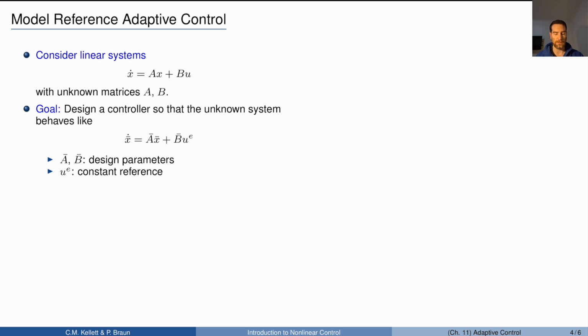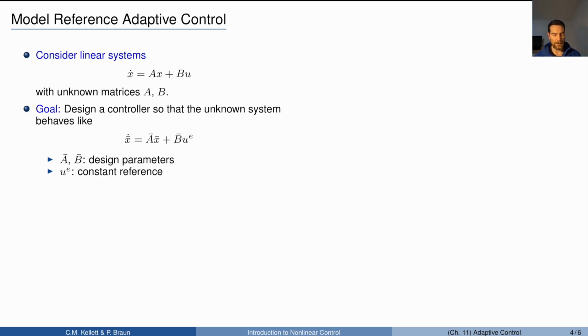One would be on general linear systems, where we look at the idea of model reference adaptive control, where we consider a system x dot is equal to Ax plus Bu, where we have unknown matrices A and B, or at least they are partially unknown, so some components of these matrices might be unknown.